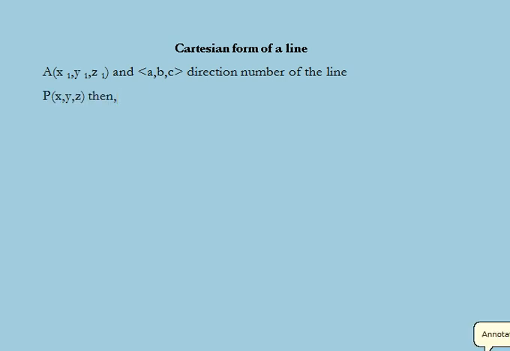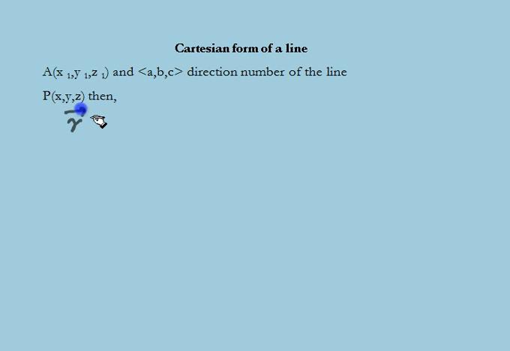Next we are going to consider the Cartesian form of a given line. For that, let us consider a point A with coordinates x1, y1, z1, and a, b, c be the direction numbers of the line, and P be a point with coordinates x, y, and z.